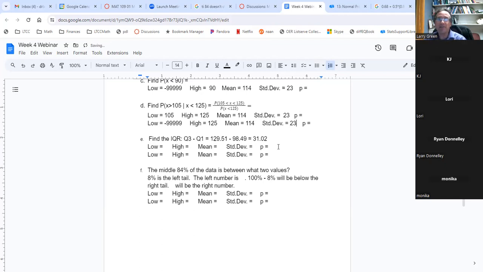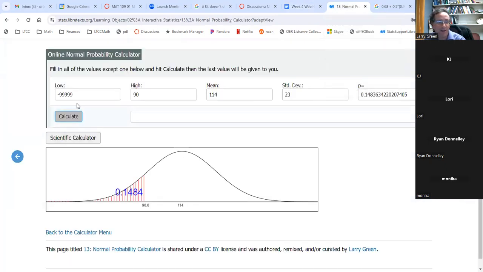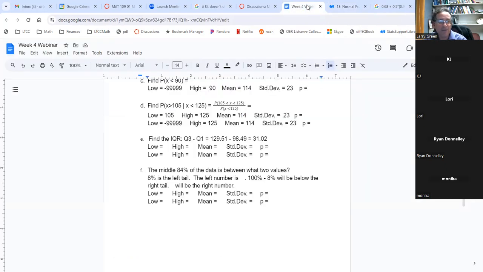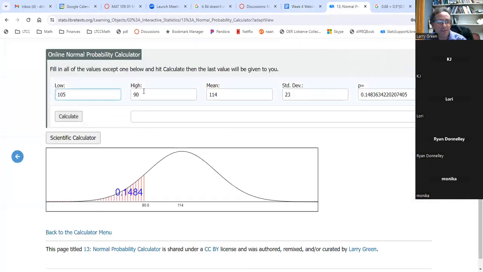Any questions on that? So I can go to the calculator. We had 105. Again, it was 105 to 125. Our mean and standard deviation didn't change. I erase the p, hit calculate, and I get this number, 0.33598.